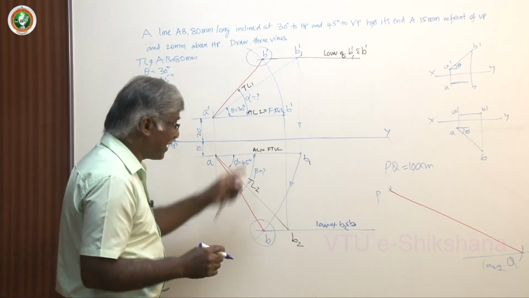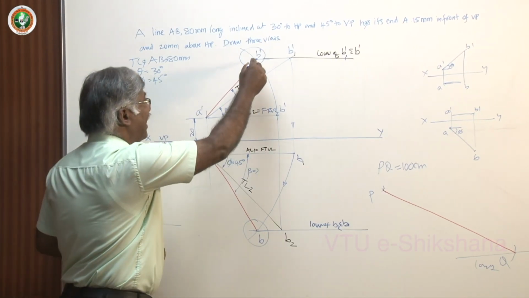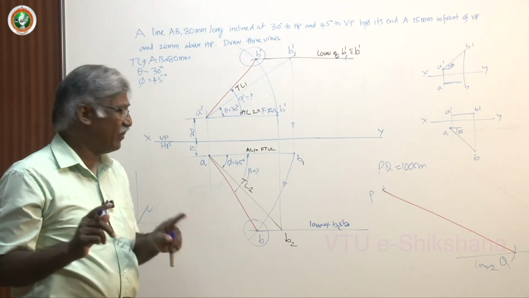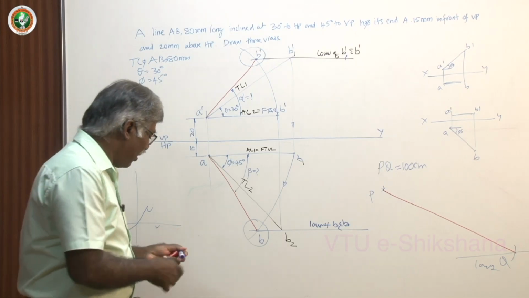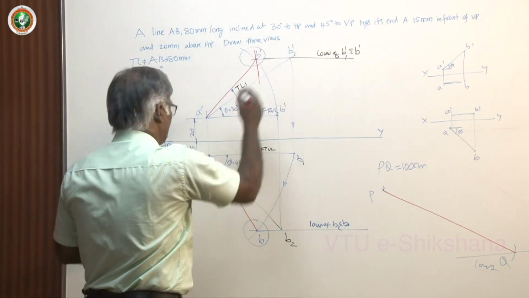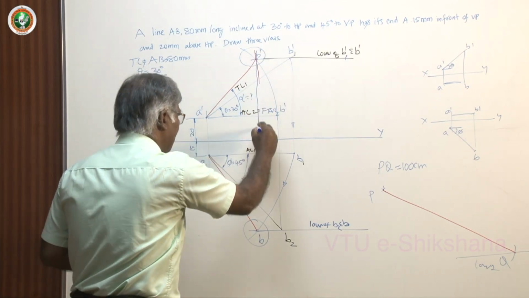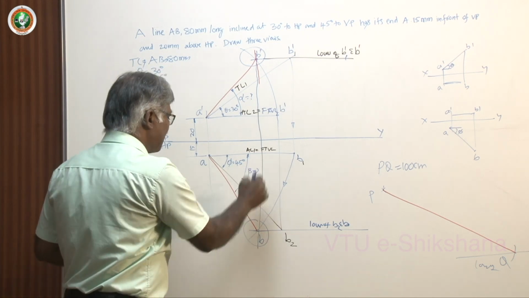Now, what exactly is the vertical line with respect to this zone? The line joining B dash and B must be in a single vertical projector, because similar to A dash, you must have B dash. So if I draw a line passing through this B dash, it must coincide with B. The vertical line must coincide with B. So this is very important.